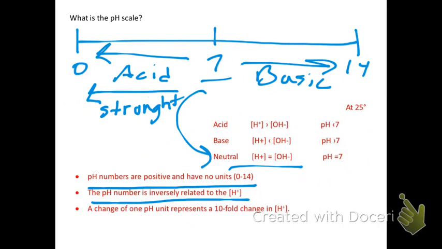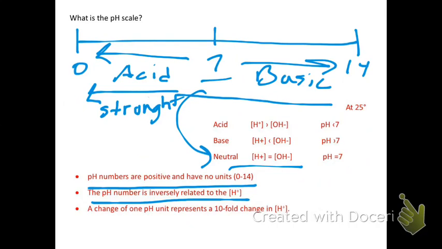Now, as you get a pH of 11 or 12 or 13, 14, the acid strength is not as good. So let's put an arrow all the way through there. Alright? So again, the pH number is inversely related to the H plus concentration.